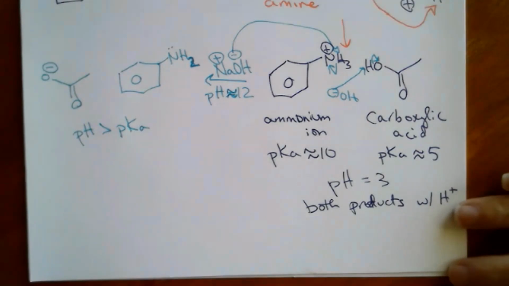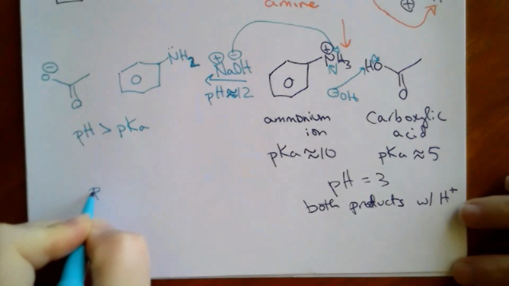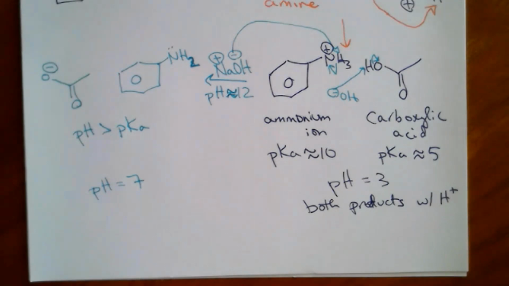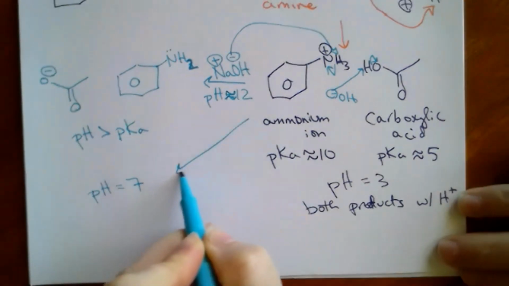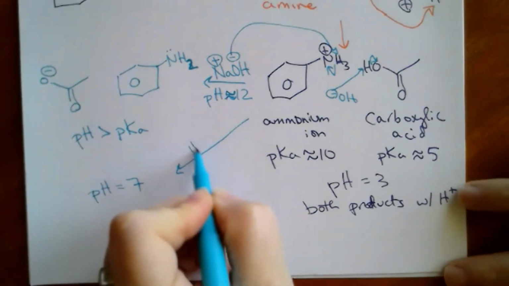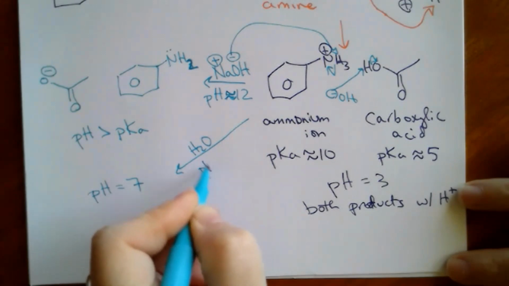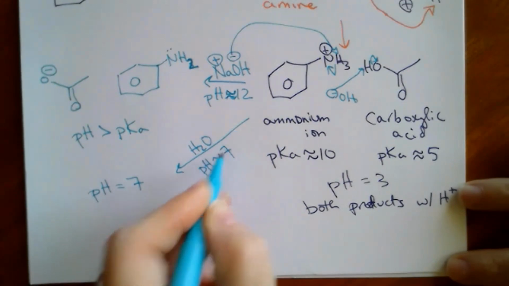Students are not always confident and comfortable with pH and pKa discussion. If I have a pH of 7, does that change both the ammonium and the carboxylic acid? If I were to have some sort of solution where I add water, adding water assumes a neutral pH of about 7.